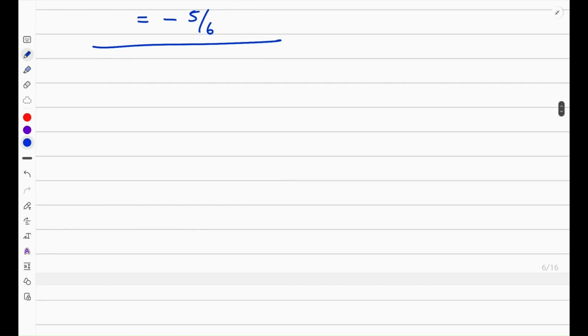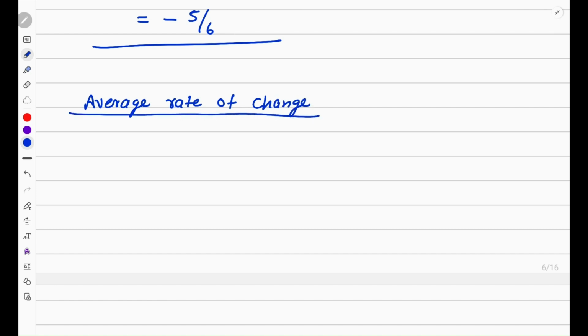Now we can study one more thing, the average rate of change. In the average rate of change, we are taking some duration, like we have the curve.